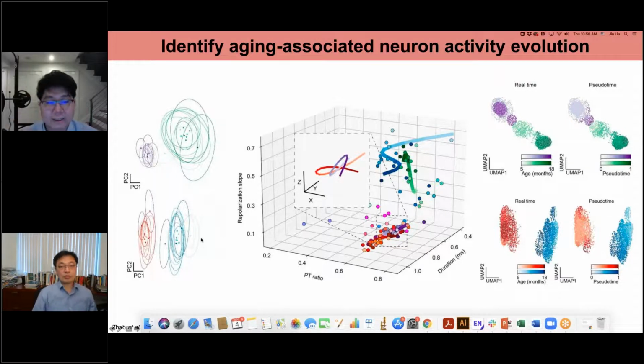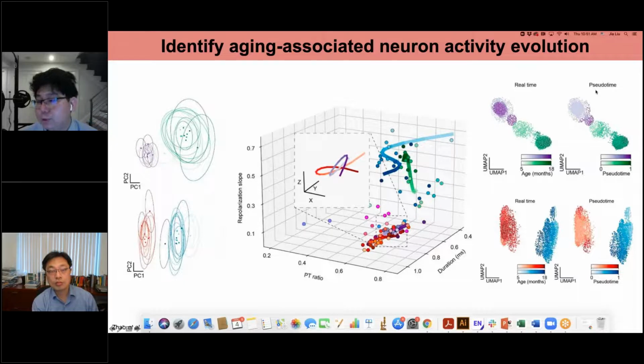So we think this type of change may be associated with the process of aging. We also do machine learning data analysis, looking at the features of the electrical waveforms of the neurons, and show that there is a change over time, a so-called pseudo time that is already widely used in genomics to look at gene expression change over time.